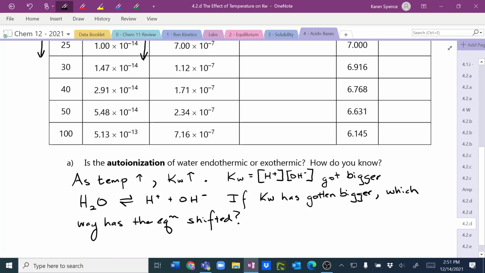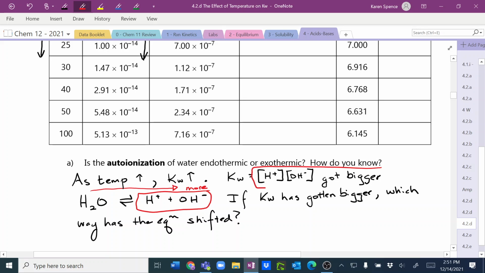So if it has shifted left, that means I have more water and I have less hydrogen and less hydroxide. Would that give me a bigger Kw? Yeah, it has to have shifted to the right because I have now more of these, which makes Kw bigger, yes? So the system has shifted right.